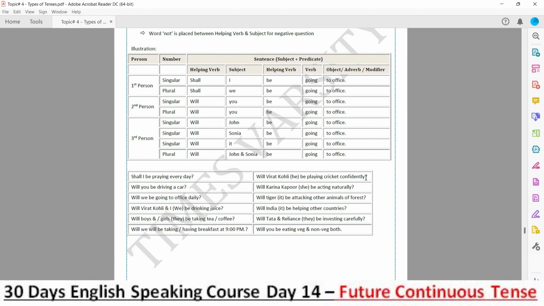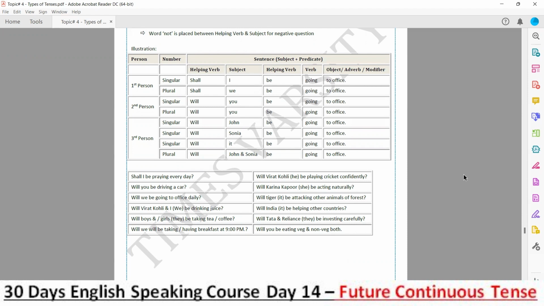And you can also add extra words like, will Virat Kohli be playing cricket confidently in the next match? So in this way, you can add a few words. Similarly, will Kareena Kapoor be acting naturally in her next film or in her upcoming film, right? So like this, you can keep on adding some more words.